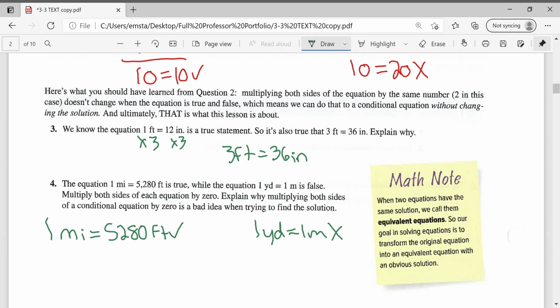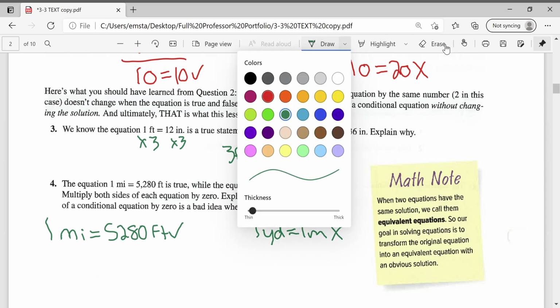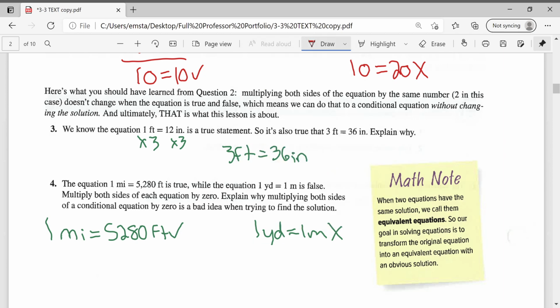What happens if we multiply these equations by 0? Well, let's multiply the true one by 0. I get 0 equals 0. So, okay, it's still true. It kept my true statement true. But what does it do to my false statement?